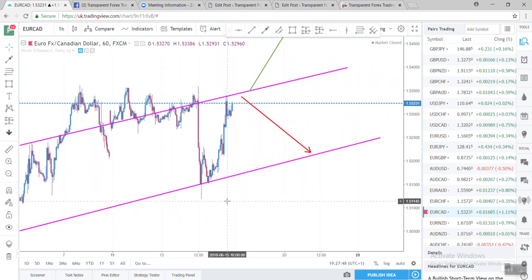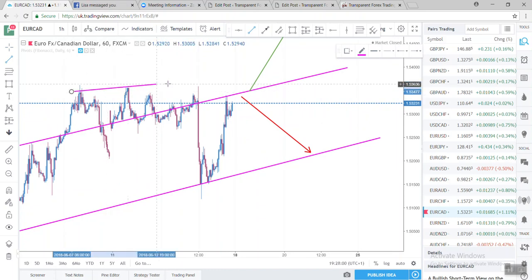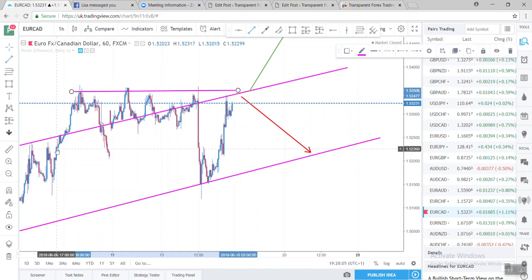So something to keep an eye on, but it's not great because that could quite easily just come back up here. To this area here. Quite easily.